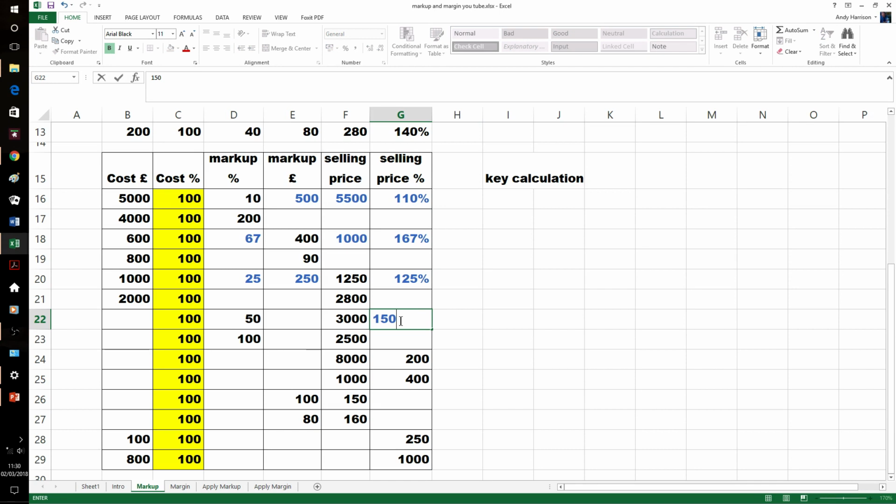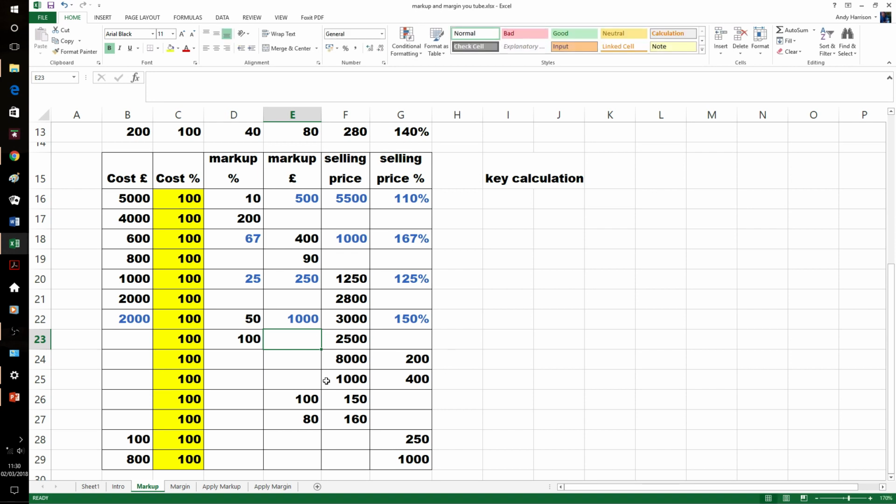That means that the selling price is 150% of the cost, which means we can take the selling price, divide by 150 times 100. So we're going backwards now to give us our £2,000 target cost. Markup in pounds, well, that's the difference between 2,000 and 3,000. Get the right number of zeros.